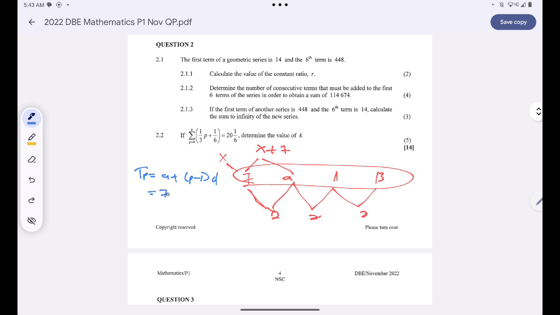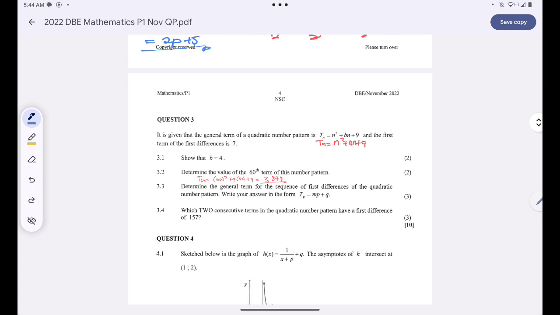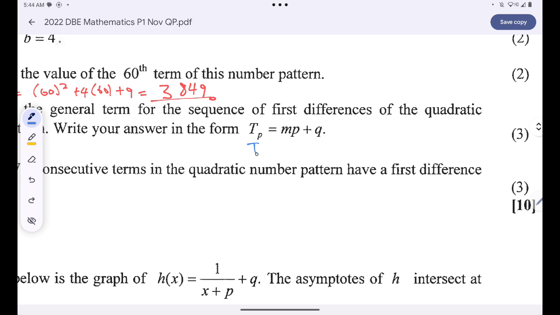The value of a is 7. The value of p, it's not necessary for us to get it. And then d is 2. I'll have 7 plus 2p minus 2. So this is 2p plus 5. That's the pth term of the sequence. Tp is 2p plus 5.